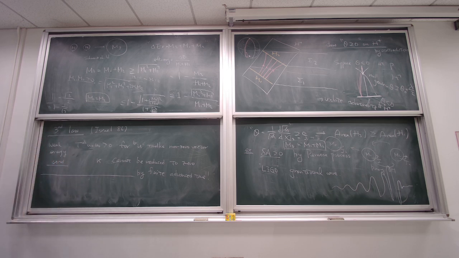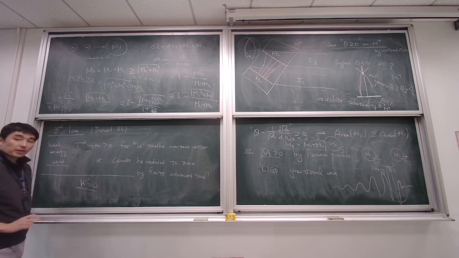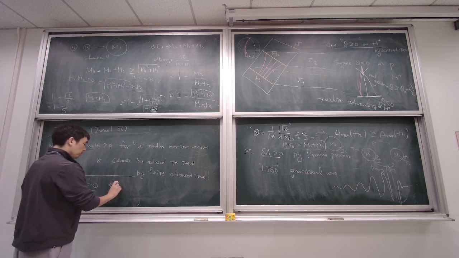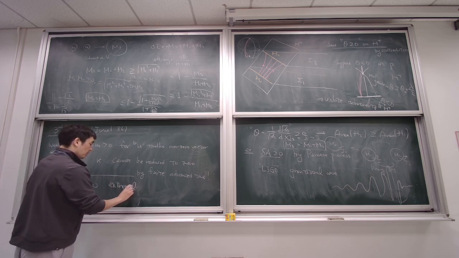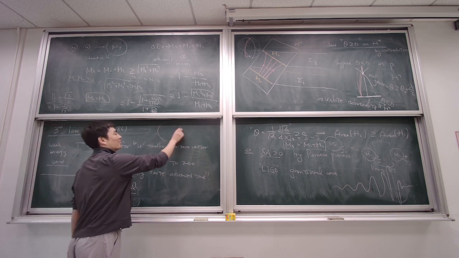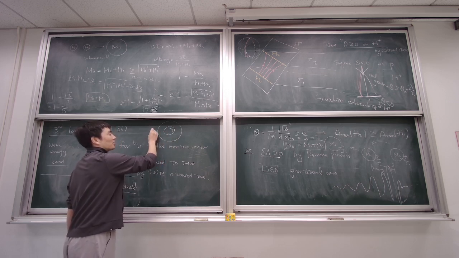So, kappa equal to 0 when? When does kappa equal 0? Yeah, so this becomes extremal. So this means that in the case of a Kerr black hole, so just throwing lots of particles which have angular momentum, a rotating Kerr black hole, and just throwing rotating particles.